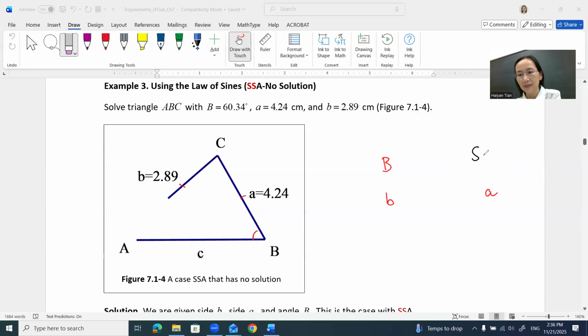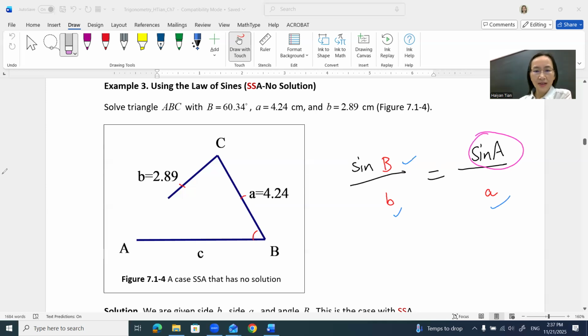So let's write our law of sines in this way. The only thing unknown is this, because you can immediately check. You see the capital B and lower a, everything. So this is an equation that we can use to find capital A.